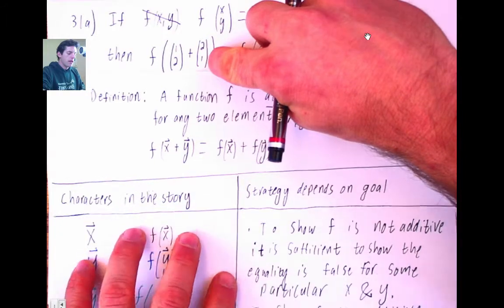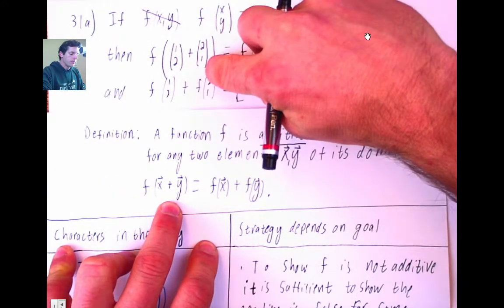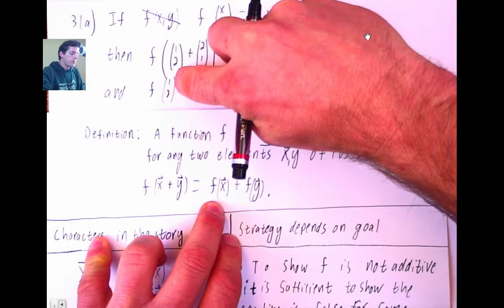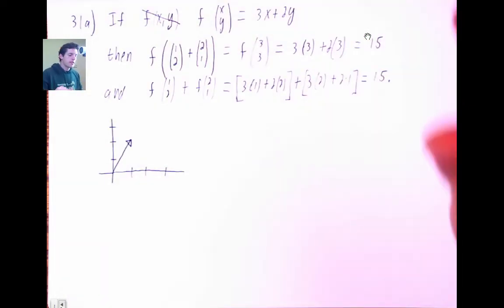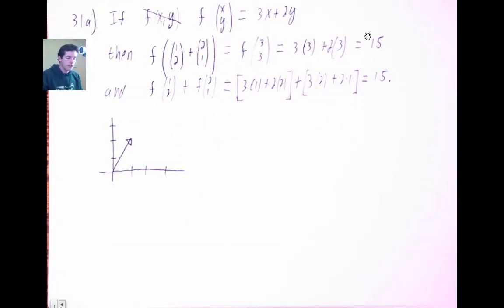And I'm going to examine f of x harpoon plus y harpoon and f of x harpoon plus f of y harpoon. Okay, so I'm going to compare those two things. And this particular function takes in two vectors and gives out one component vectors or just numbers. Okay, so as you can see, I've done the calculation, and indeed both of these give 15.